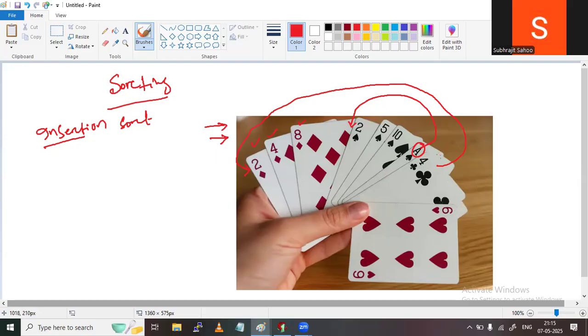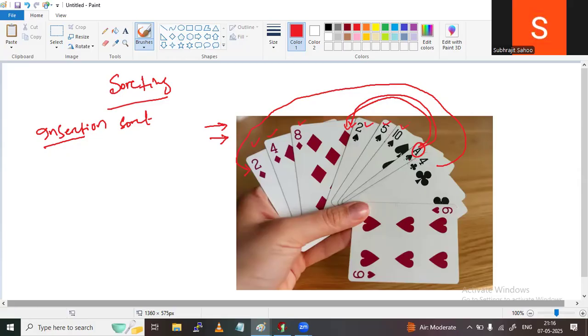So here what exactly we are doing is inserting a particular card into a suitable position based on the requirement. Just before, I showed you the diagram like this: it's inserted before the 2, right? And after inserting, 1, 2, 5, 10 is in proper order, right?